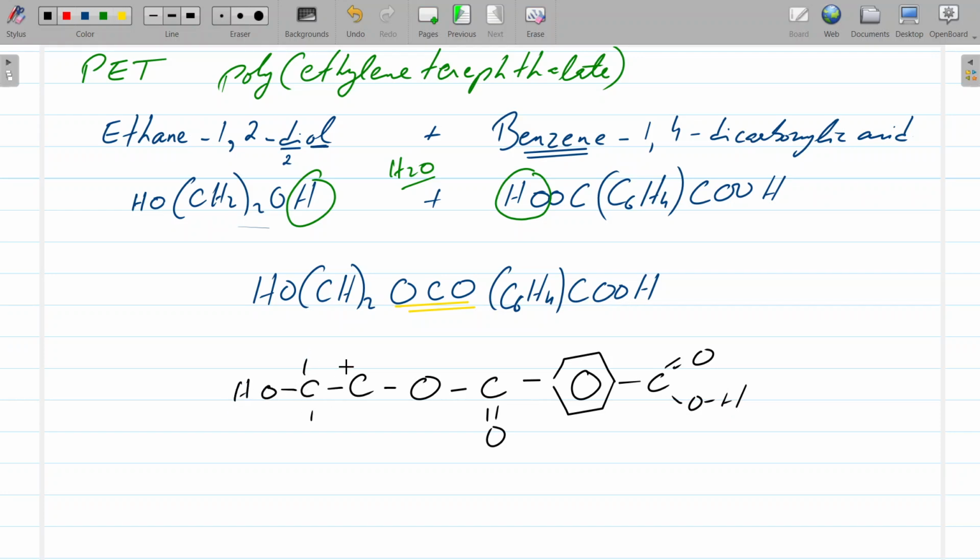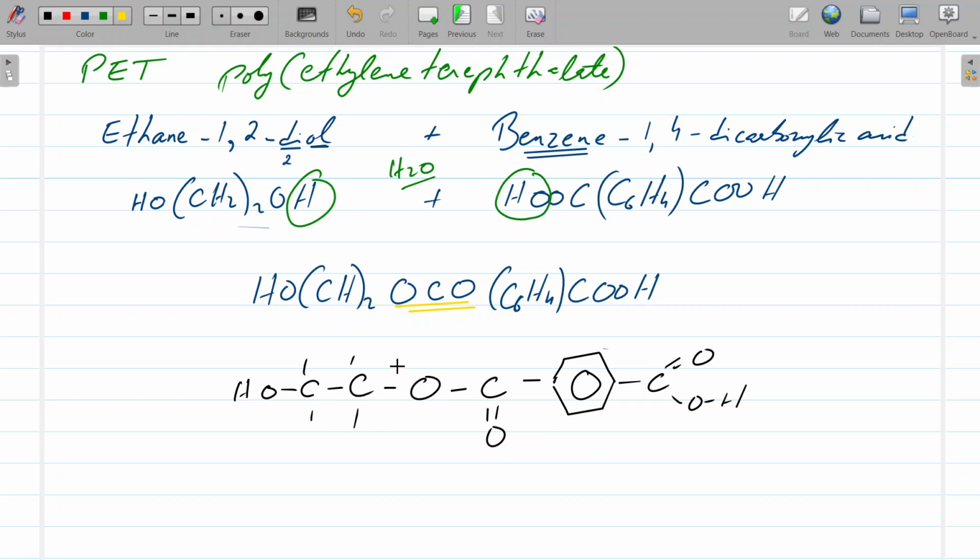Is that a pentagon in the middle? It's the benzene molecule. Right? So this is what this guy looks like.